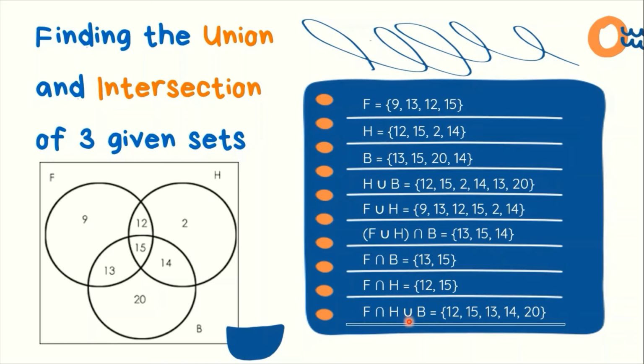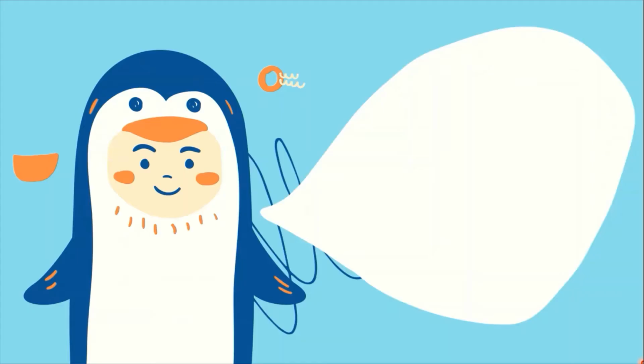Next, i-union natin siya sa B. So, pagsasamahin natin yung 12 and 15 kay B. Ilista natin 12, 15, which is yung intersect ni F and H. At ilista lang natin yung mga nasa B: 13, 14, and 20. Mapapansin natin 15, although nandun din siya kay set B, once lang natin siyang ililista kasi ganun ang rule ng union.